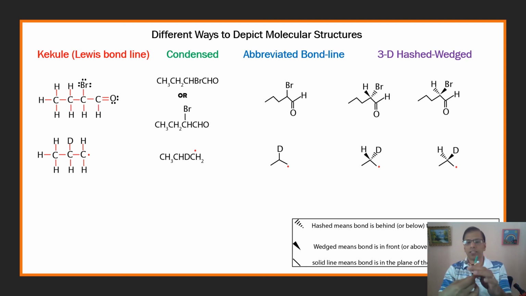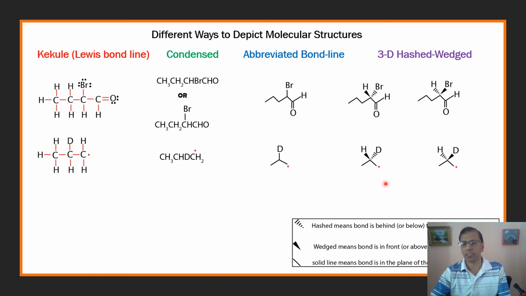You have the deuterium, this is deuterium, and this is the hydrogen. The hydrogen atoms are not shown in the abbreviated bond line, nor is the p orbital. We just put the single electron on the carbon. So yeah, these are the 3 carbon atoms, 1 2 3 carbon atoms.